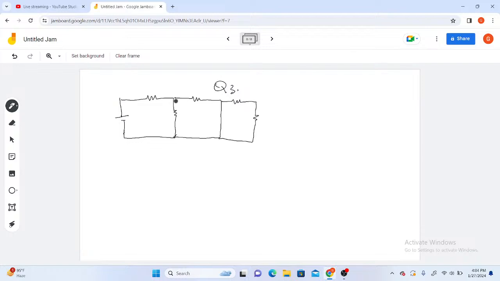So I'm to find the equivalent resistance of this circuit. I have my voltage source V here, 1 ohm, 2 ohms, I have 3 ohms, and I have 4 ohms, 5 ohms. I'm to find the effective resistance of this circuit.